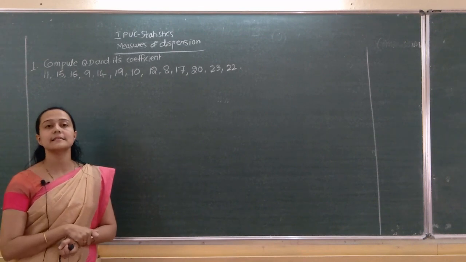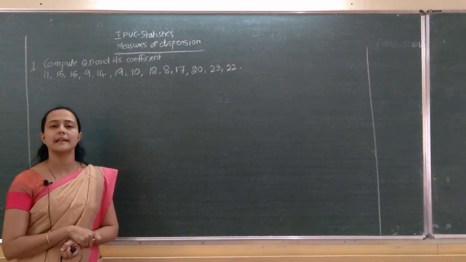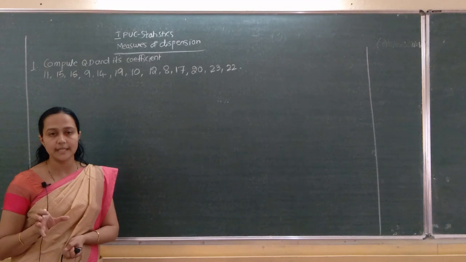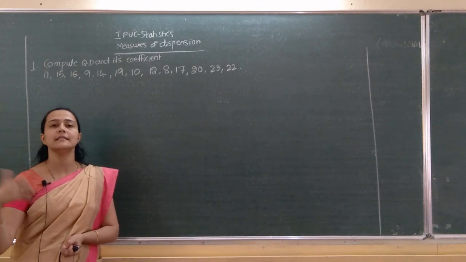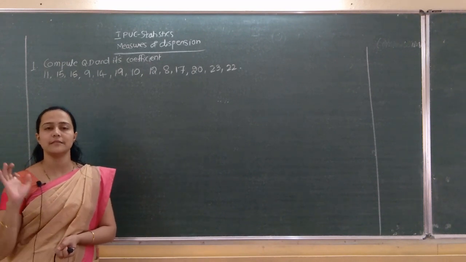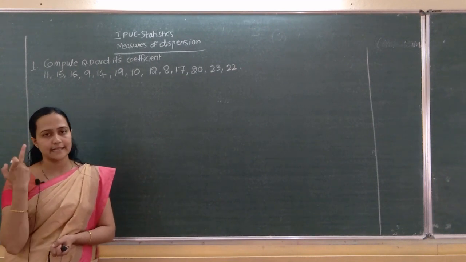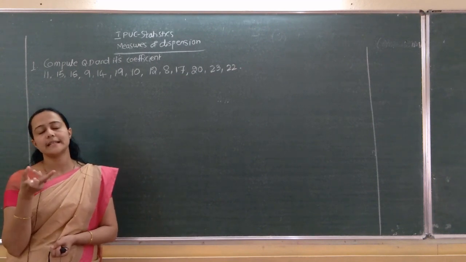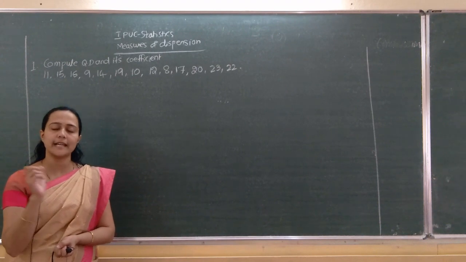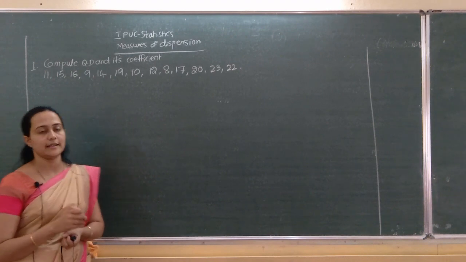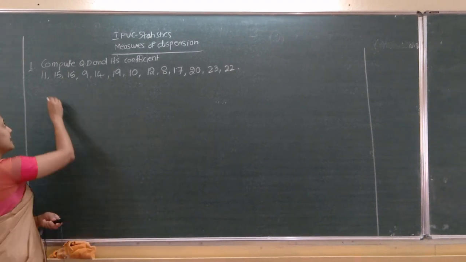The formula is QD equals Q3 minus Q1 divided by 2. So for finding QD we have to find Q3 and Q1, then Q3 minus Q1 divided by 2. Raw or ungrouped data is given. How to find Q1 and Q3? First arrange the observations in ascending order.